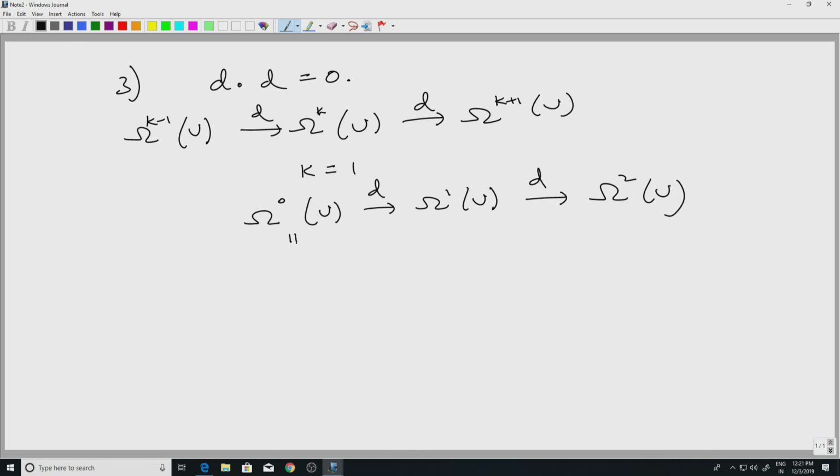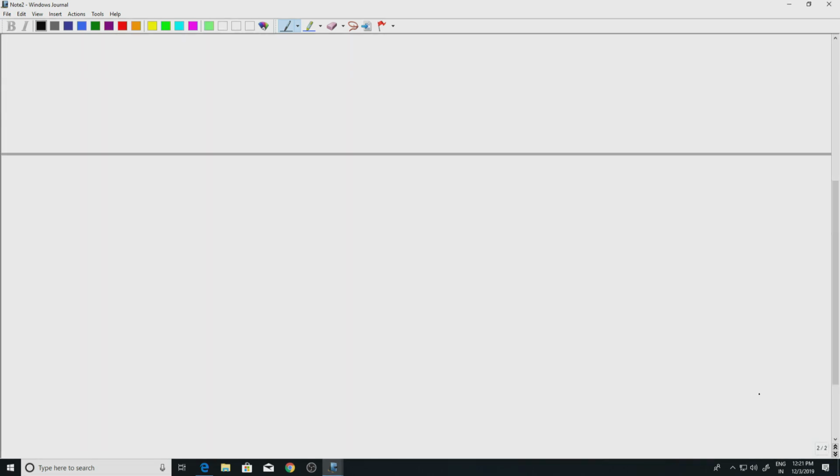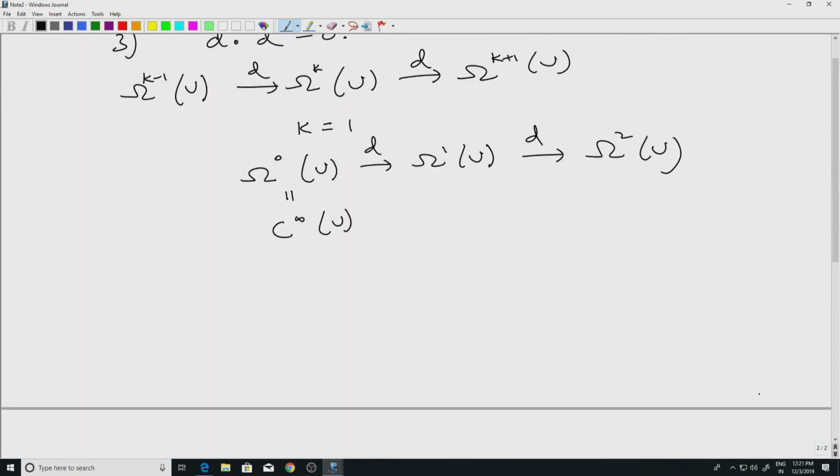Recall that we had defined omega^0(U) to be just C infinity functions on U. So if I want to check that d composed with d is 0, first let f belong to omega^0(U) equal to C infinity(U). Then I would like to check whether this is 0 or not.